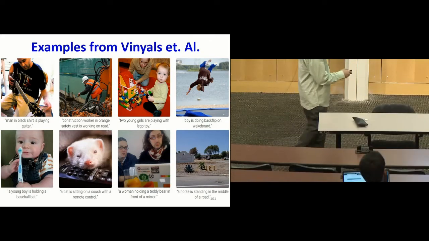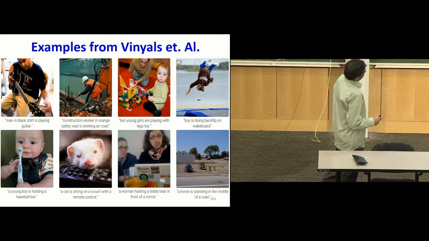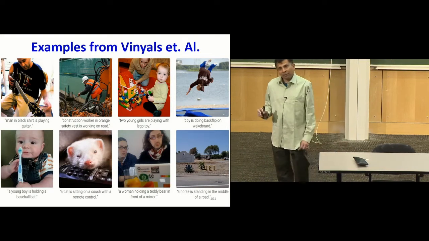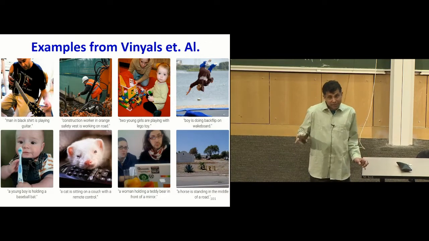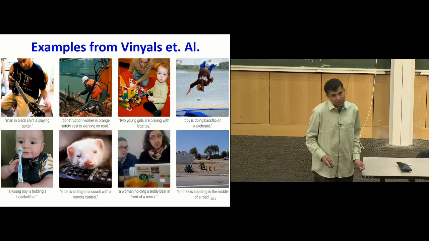Or this is my favorite, a horse is standing in the middle of a road. I'm not sure where it saw the horse. But anyway, you get the idea. It's a very simple model. This might have looked like magic when we started the class, but by now it must be apparent how it's actually very simple to implement.